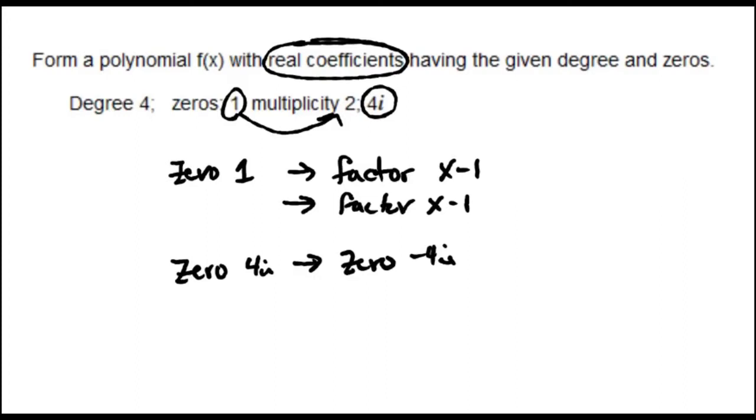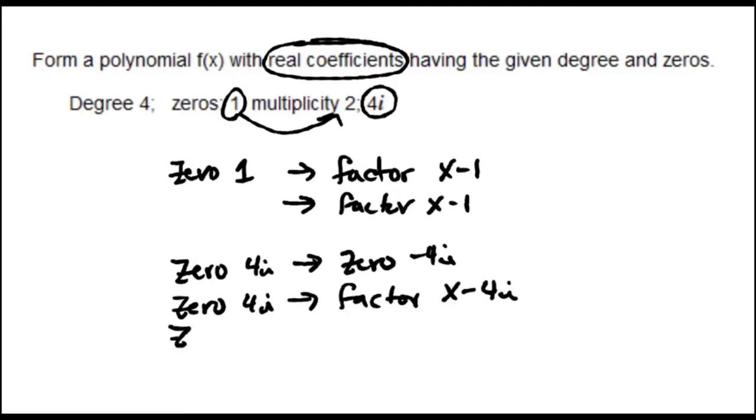So that means that we have, for the 0 of 4i, a factor of x minus 4i, and for the 0 of negative 4i, we have a factor of x plus 4i. We're going to use these factors to form the polynomial.